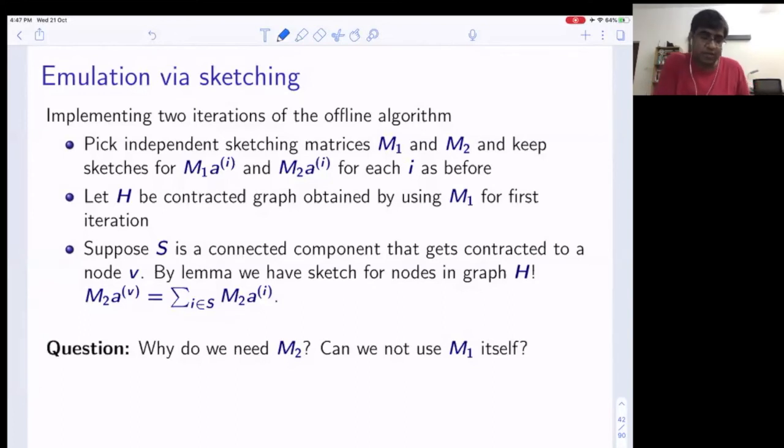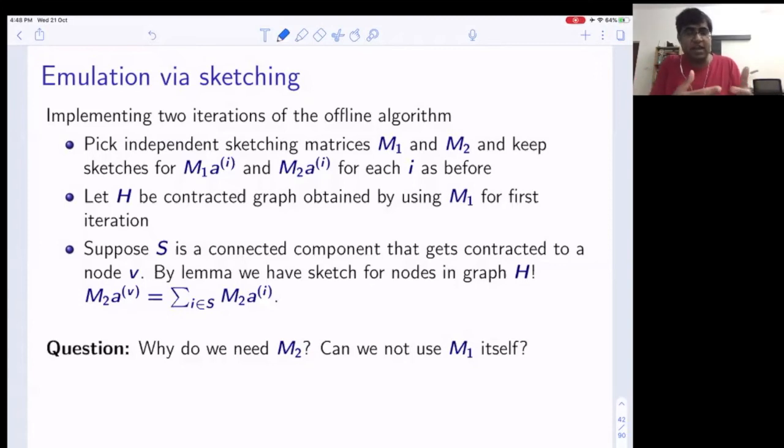I did not use the same sketch because my lemma only guarantees that I will give you the coordinates with good probability. But once I have used that sketch to get an edge, the second time I use it, it depends on what I have done previously.